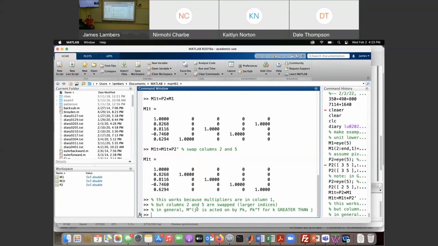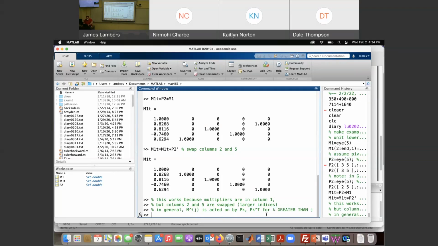That's why you can be certain that after you multiply by Pk on the left, and you're messing with the multipliers as you want to, and then throw off the structure, when you multiply by Pk transpose on the right to fix it, it will not affect where the multipliers are. That column will always go untouched because of that. That's an essential property here.